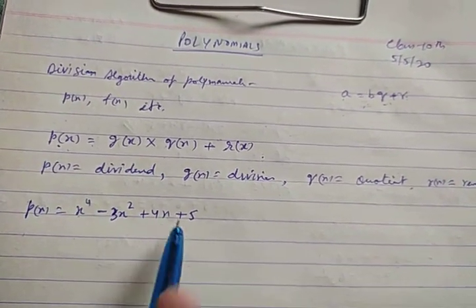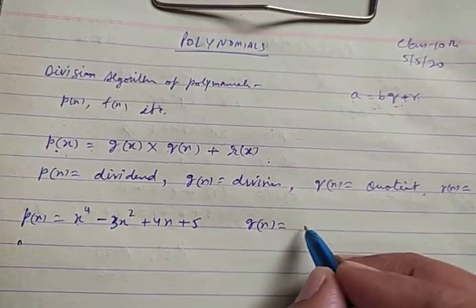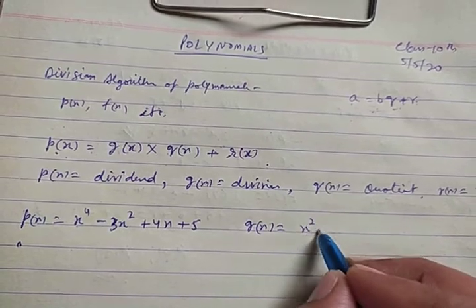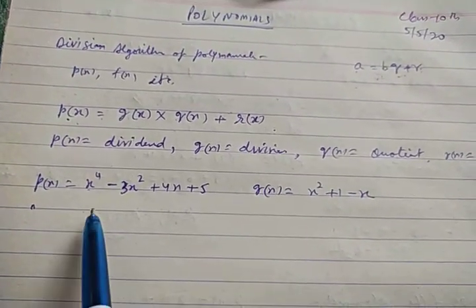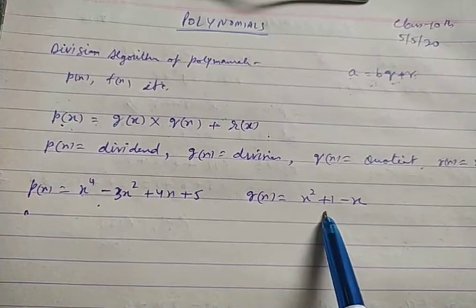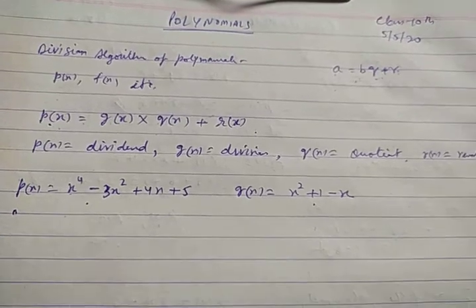It is to be divided by g(x), which is given as x^2 + 1 - x. The question says divide this polynomial by this one, and whatever the quotient and remainder come, you have to obtain.